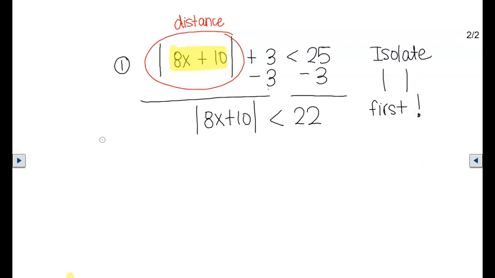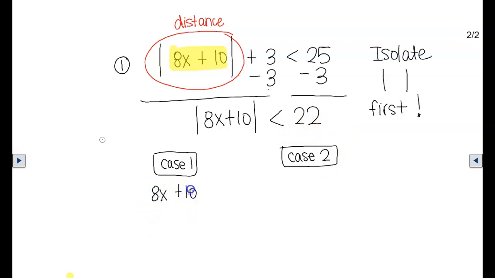All right, now that you have isolated your absolute value, now you can do your case 1 and your case 2. Case 1 is as is. So I'm going to take this problem and write it down as is. I'm going to write down 8x plus 10 is less than 22.